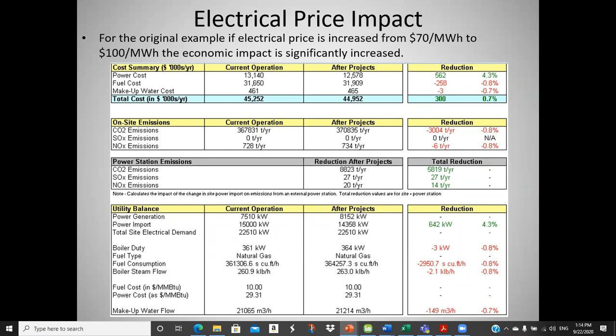So it's about 2 to 1. But if I go to 10 cents, then I've got $29.31. It's almost a 3 to 1 spark spread, which is going to make my cogen look a whole lot better.